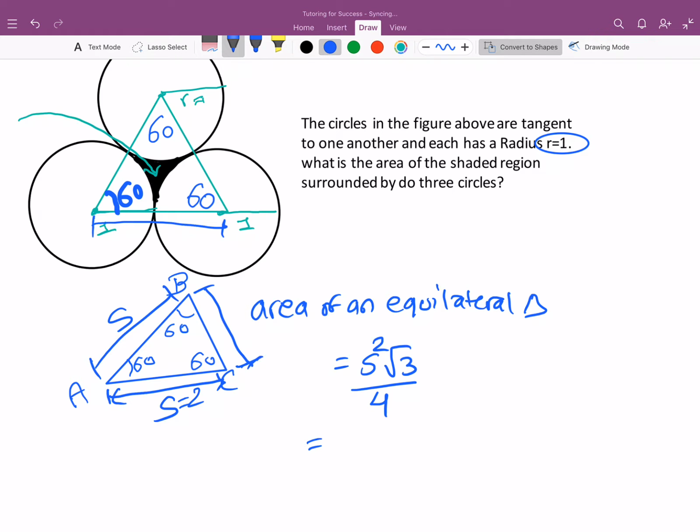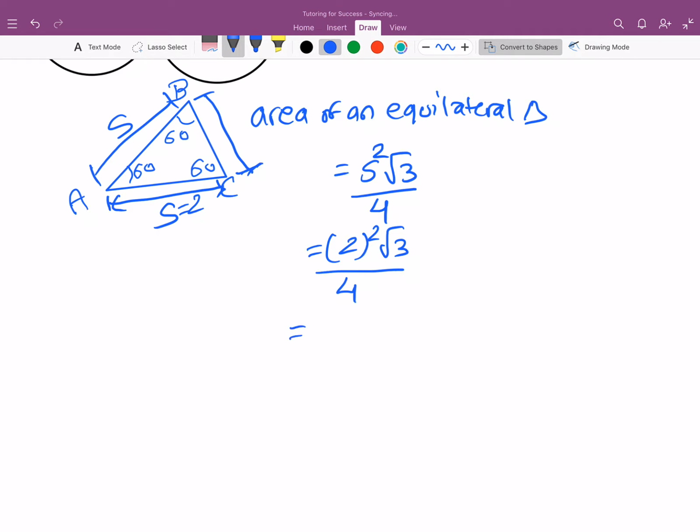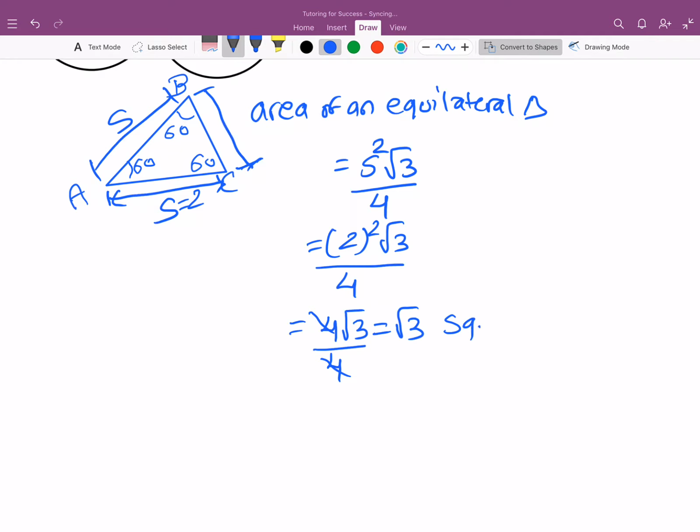If you plug in that 2 for S in the formula, it's going to look like this. So that 2 squared will give you 4 times radical 3 divided by 4. 4 cancels. So radical 3 square units, since we don't have any units. So that is my area of that triangle.